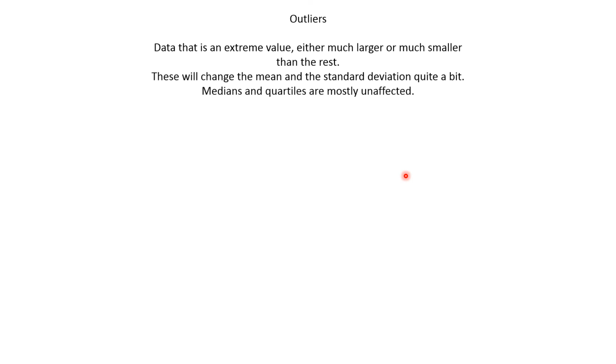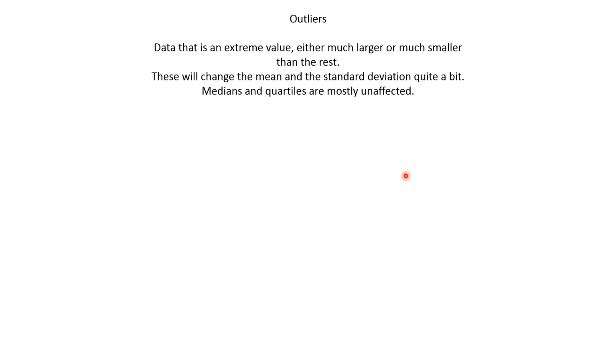However, the medians and quartiles are mostly unaffected. In our data, granted, we have a lot of the same data values, but if we added a big number, it wouldn't affect the median at all. It would just move to the other 15, like it's in between two 15s. It would actually be one of those 15s.